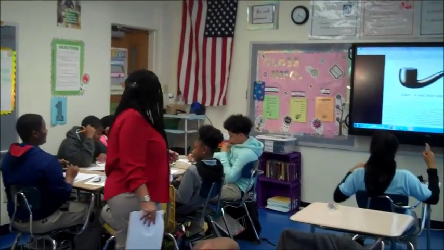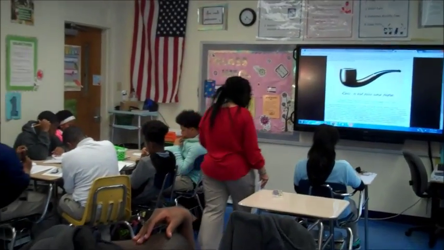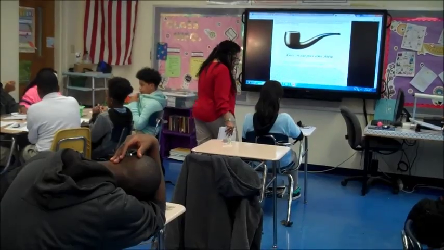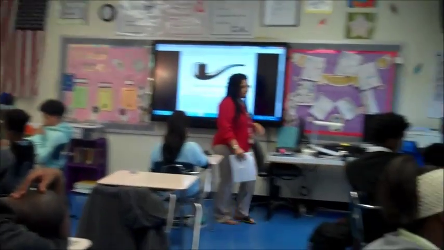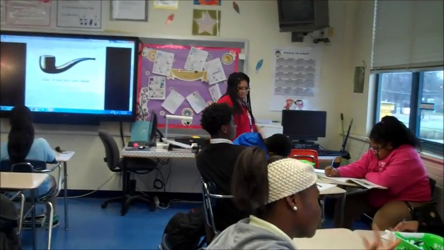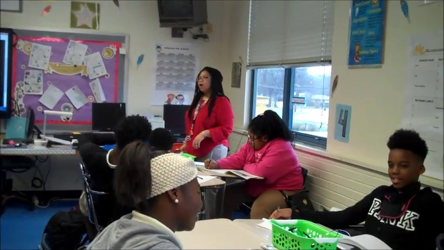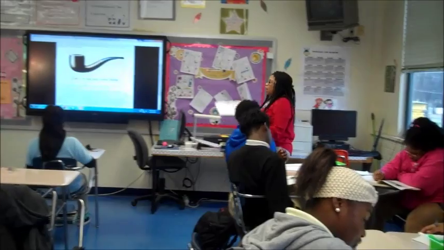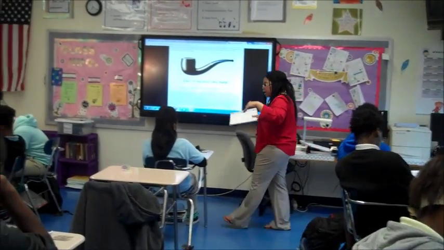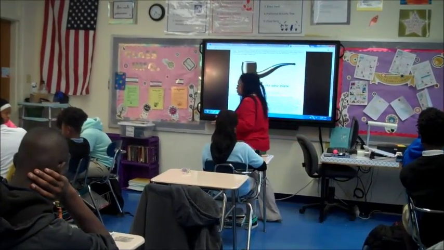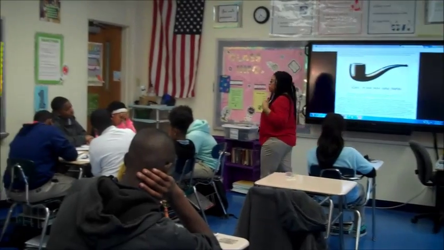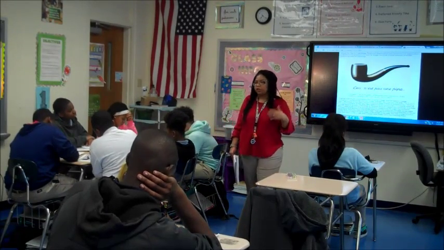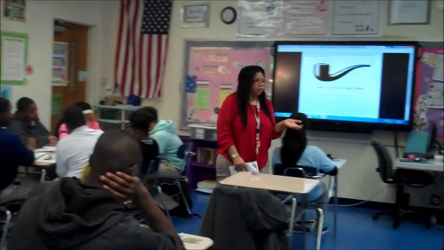Add this to your description. Okay, let's come back as a group and as a whole class. As I was walking around, I noticed people just wrote, it's a pipe. And I noticed that some people also wrote that it's brown and black, and that you use it to smoke with.